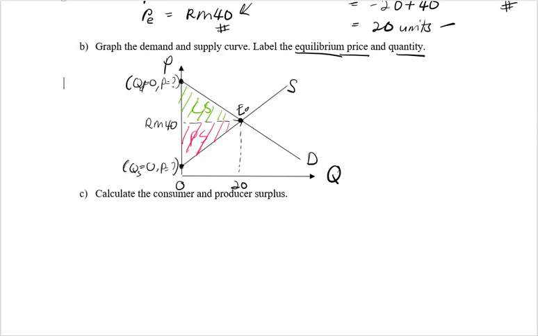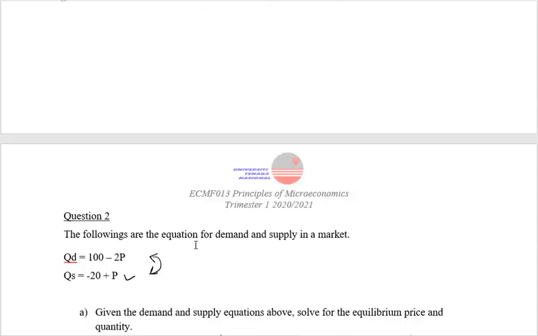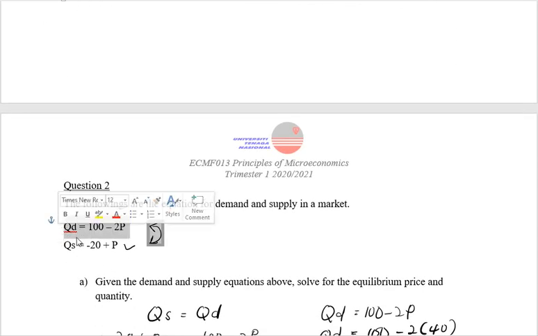This point right here touches the demand curve, and this is where the quantity demanded equals 0. So you can use the equation for quantity demanded: when quantity demanded equals 0, what is the price?